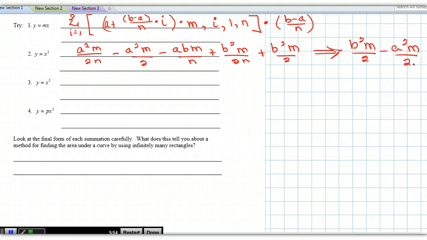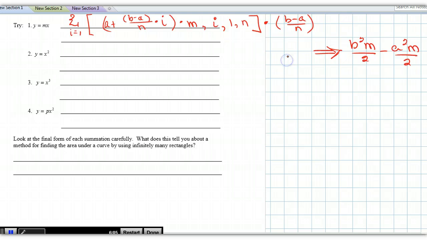Continuing the process for the next function, y equal x squared. We're going to have the summation formula from i equal 1 to n. Our intervals from a to b, so we're going to start at a, and we're going to add a width, or multiples of our width, b minus a over n times i.